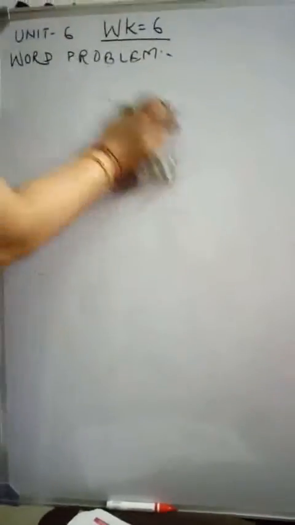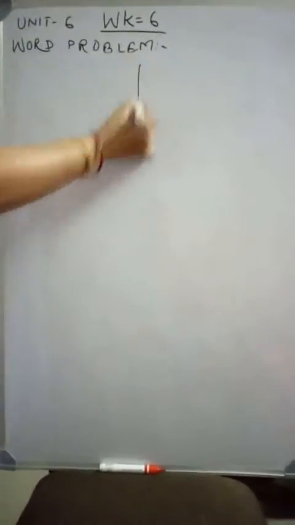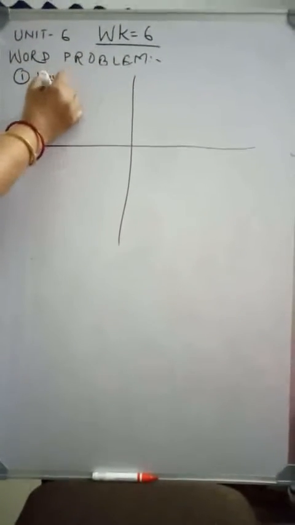So children, firstly try to understand the problem. This is a story of Mrs. Renu. Let us explain it with the help of the 4 square method. First is keywords, understanding keywords.